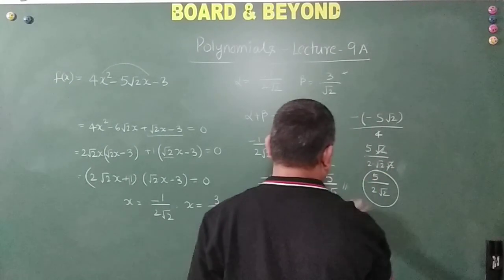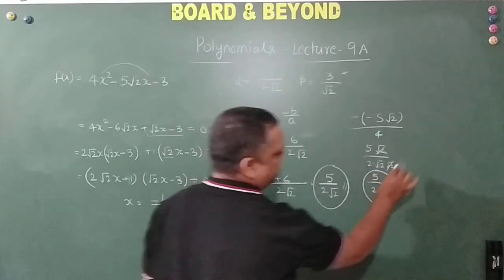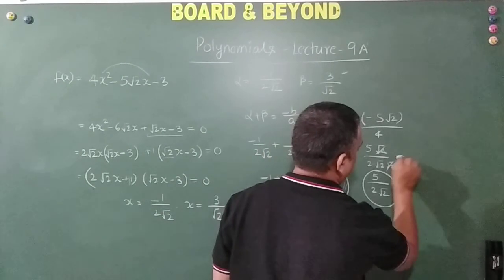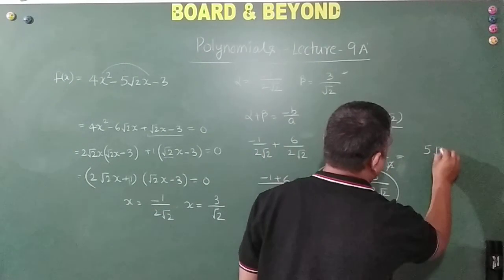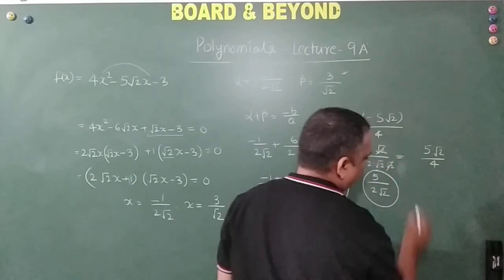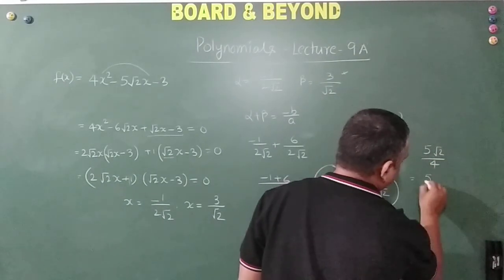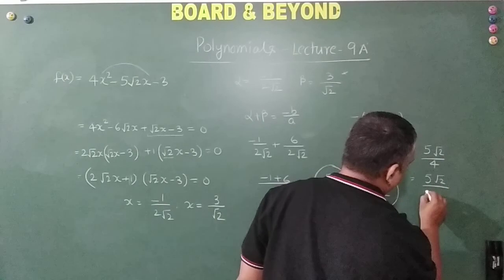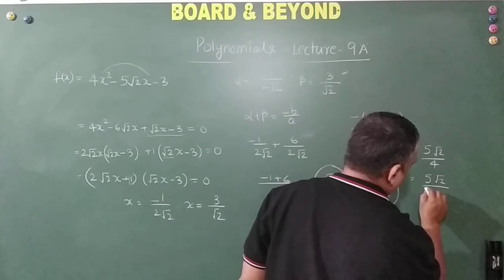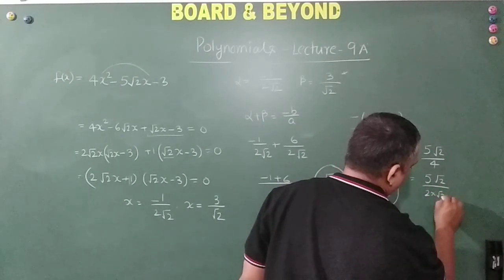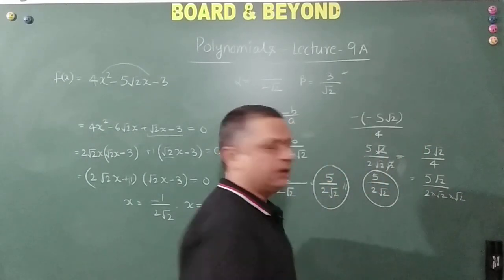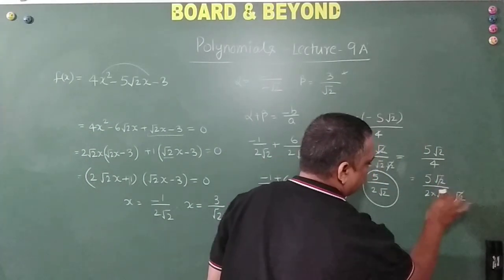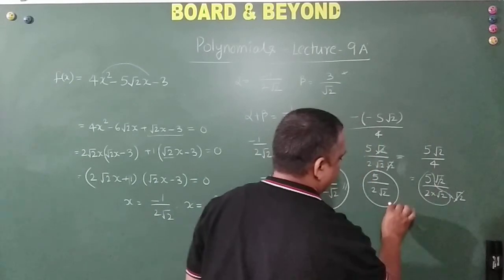This and this. Hope you have understood it here. Let me just, for the benefit of all, this becomes 5 root 2, right friends, divided by 4. 4 can also be written as 5 root 2 divided by 2 into root 2 into root 2. Okay, so I can cancel one out, and then remaining is whatever I have written here.